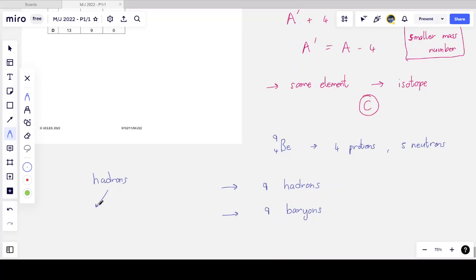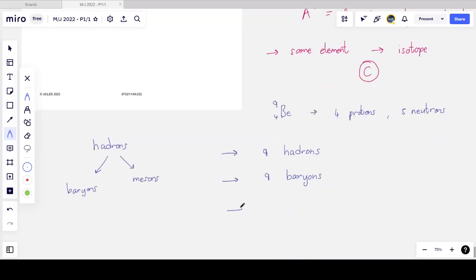Hadrons can be divided into baryons and mesons. Now, if all 9 of these particles are baryons, obviously it means that none of them are mesons. What are mesons? Well, you know from your notes that mesons are made up of a quark and an antiquark.